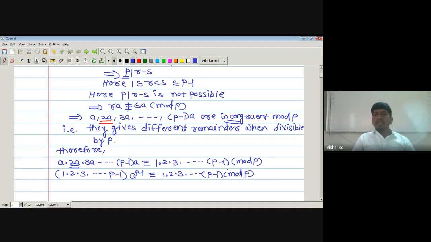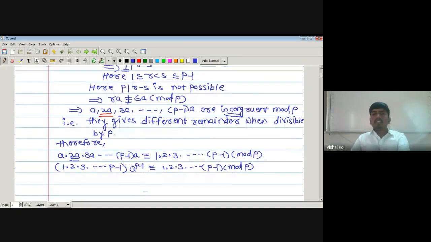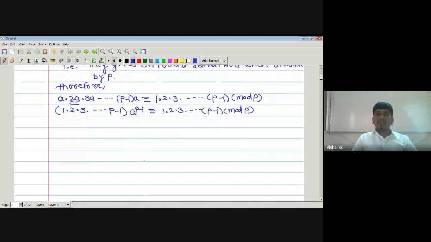And the product of n consecutive integers starting from 1 is nothing but n factorial. Therefore, the product of these integers 1, 2, 3 up to so on p minus 1 is nothing but p minus 1 factorial into a to the power p minus 1 congruent to p minus 1 factorial modulo p.